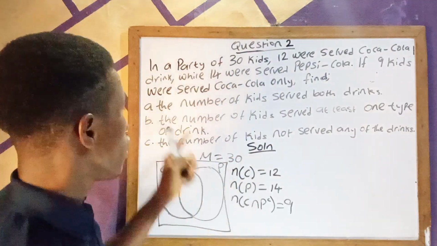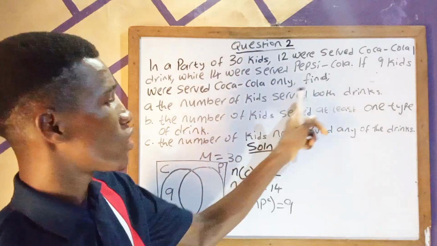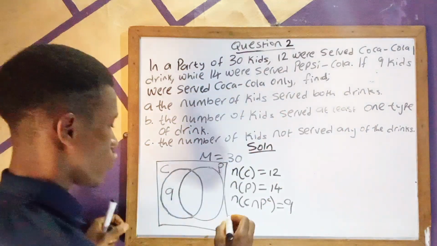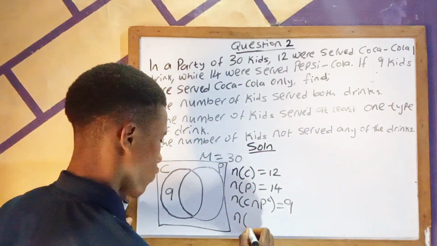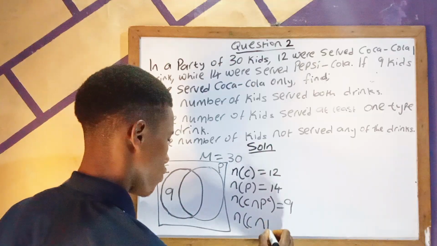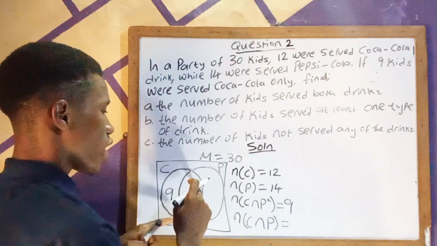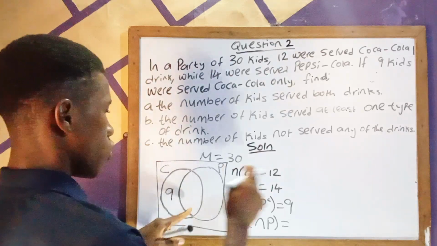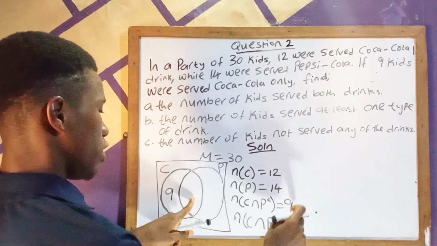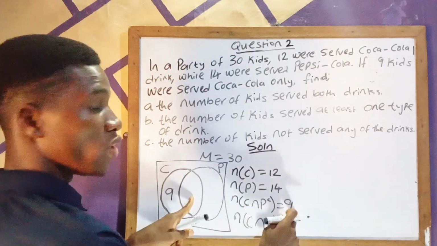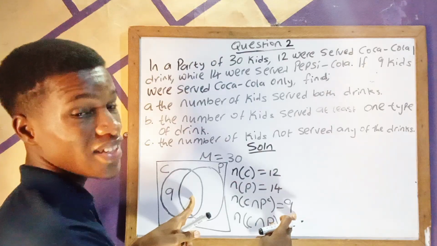So the first question says the number of students served both drinks. First of all, we are looking for the cardinality of Coca-Cola intersection Pepsi-Cola. Those served Coca-Cola were 12, and we saw from the equation that those served only Coca-Cola is 9.